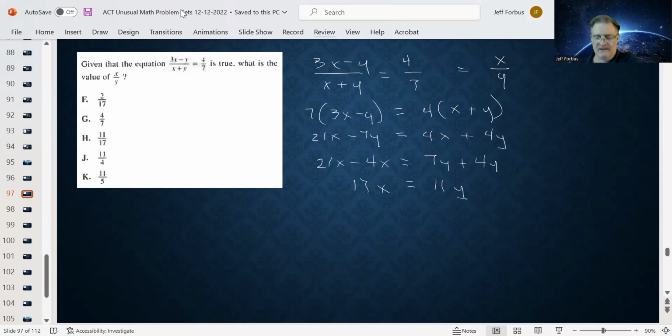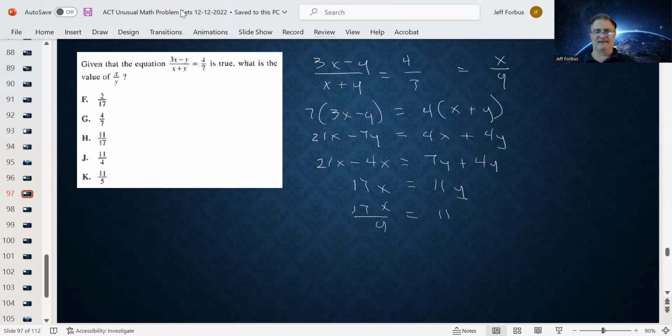Now remember, we want to get x over y. So the next step, we want to divide by y. And that's going to give me 17x over y is equal to 11.